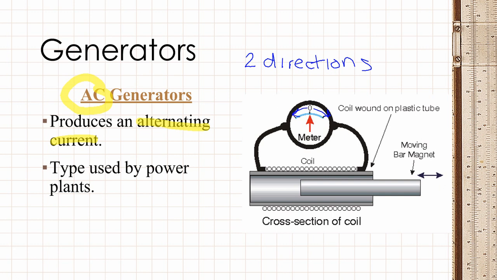We're going to move the bar magnet in and out, creating 2 directions of current. This is the type that's used by power plants. Remember, it's this type that is in your buildings. When you plug your phone into an outlet to charge, what's running into the outlet is alternating current. That's why power plants produce it.